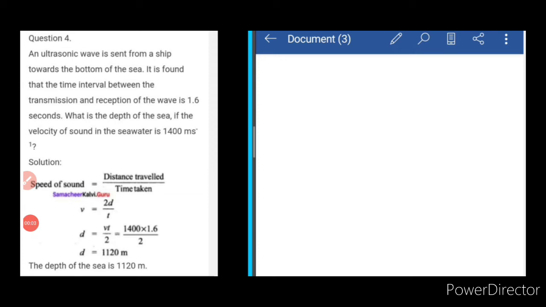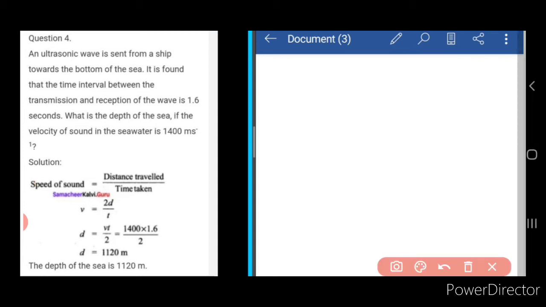An ultrasonic wave is sent from a ship towards the bottom of the sea. It is found that the time interval between the transmission and the reception of the wave is 1.6 seconds. What is the depth of the sea if the velocity of the sound in the sea water is 1400 meter per second, right? Now what is given here?